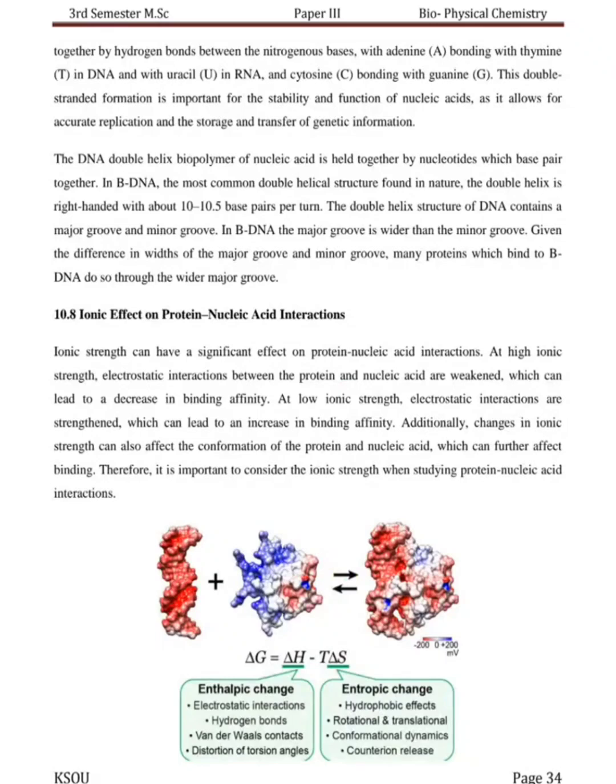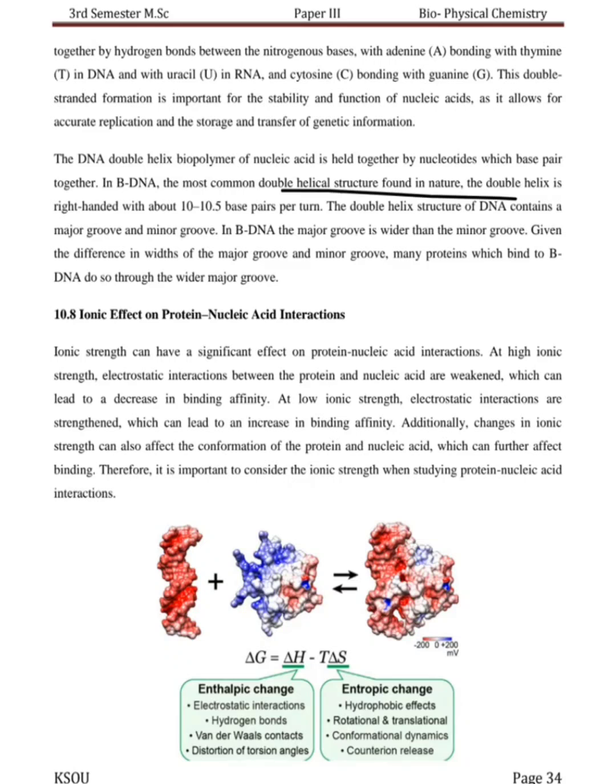Here the DNA double helix biopolymer is held together by nucleotide base pairs. Many proteins bind to DNA through the major groove of the double helix structure of the DNA molecule.